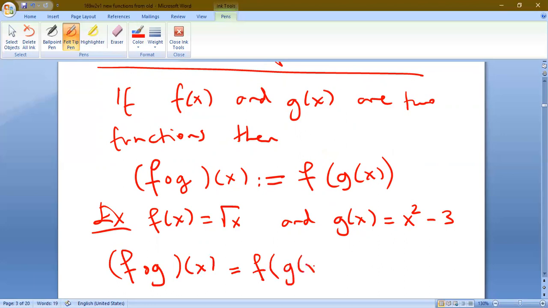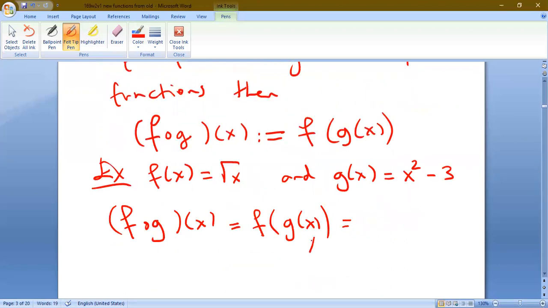First, we take g of x, so we take an input, x, then apply g, then apply f. So we apply g to the input, and then we apply f to the g of x.